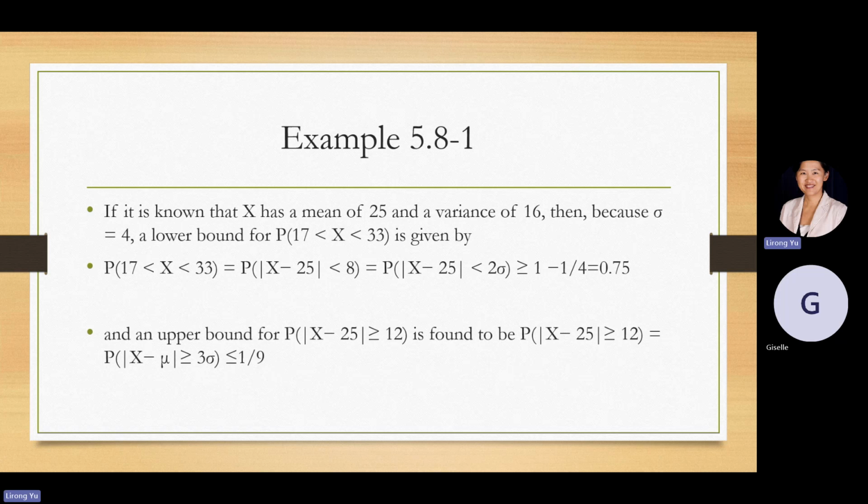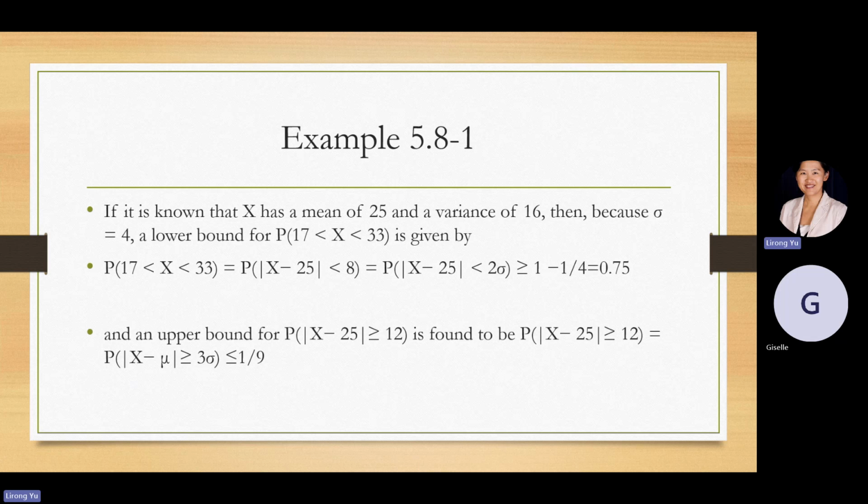All right. Some textbooks want us to find a bound on the probability using the Chebyshev theorem. So this is one of the questions. Suppose we have a variable that has mean 25 and a variance of 16. Then the standard deviation equals 4, so we can find a lower bound for the probability that x is between 17 and 33.